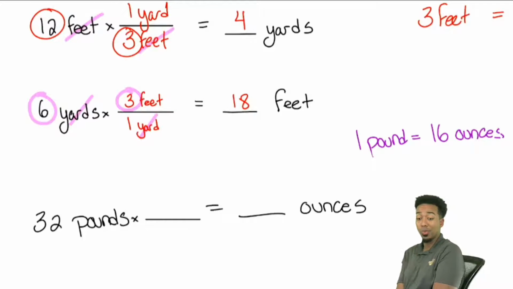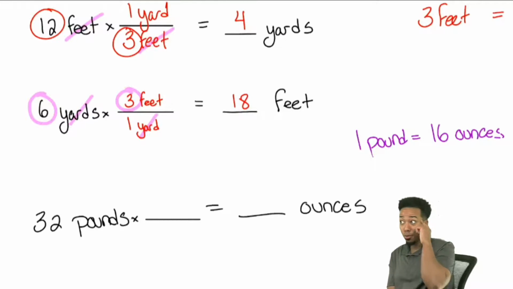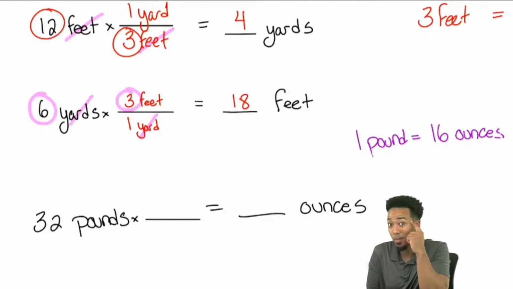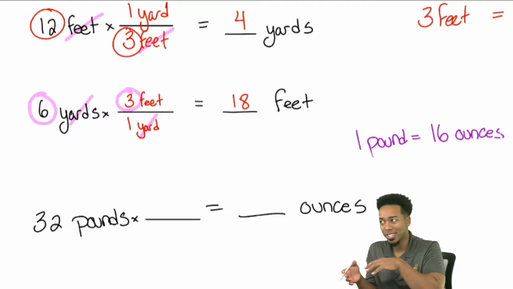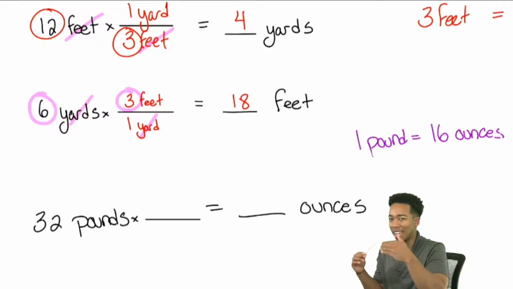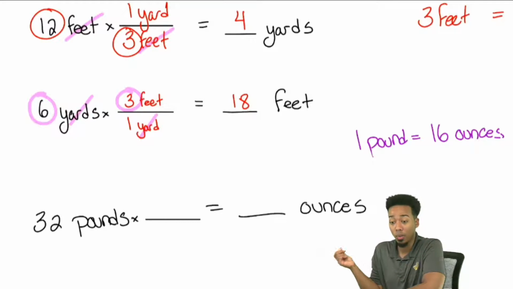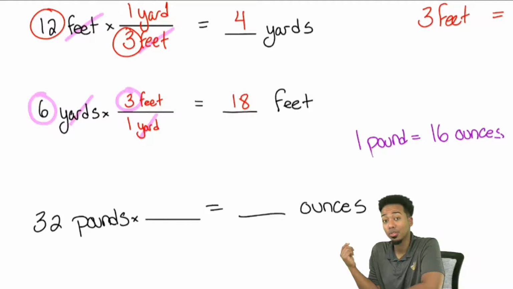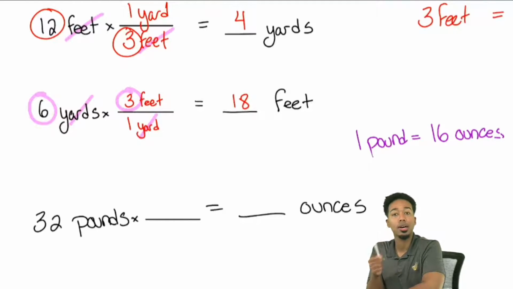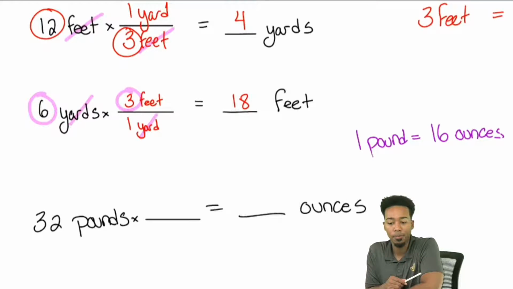Right. A lot of us would wish that it's dividing. And if you look at this in terms of the problem that we did earlier, 32 ounces was 2 pounds because you divided it in that sense. But you can't go off of pattern. You have to go off of what works, what is true. And what is true here is, everybody, what am I going to place on the bottom in that fraction?